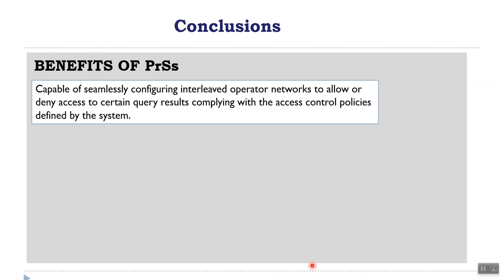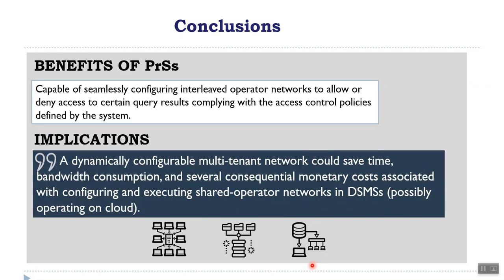It's the same network, it's just being configured differently as access control changes, or even users' credentials change. The implication is that we are able to build a dynamically configurable multi-tenant network that can potentially save time, bandwidth consumption, and several monetary costs associated with configuring and executing shared operator networks on clouds, which are very interesting results that we came up with.